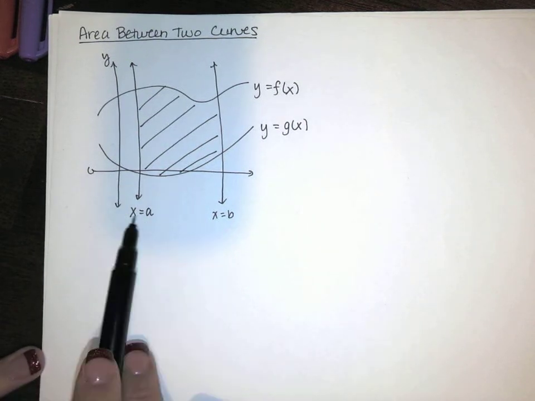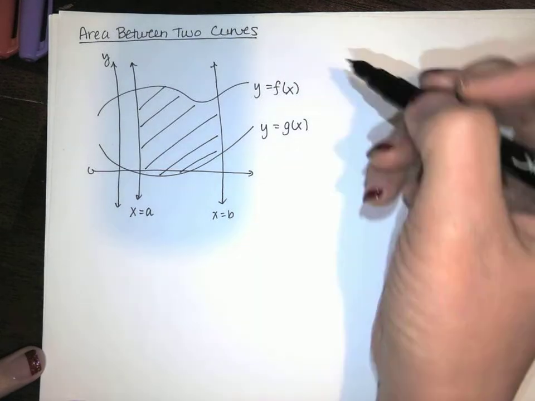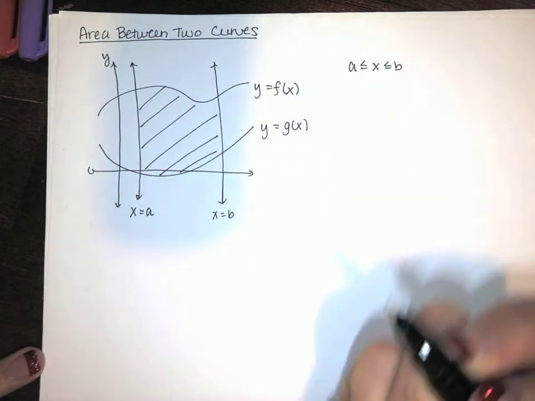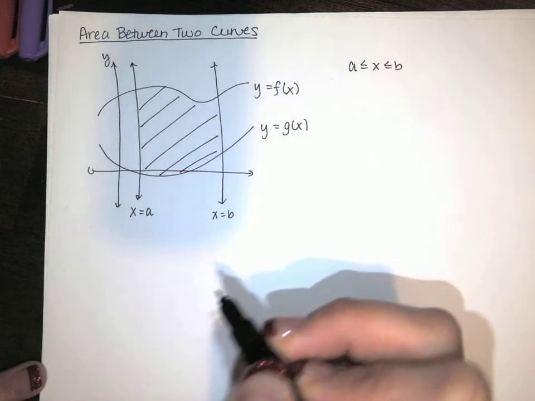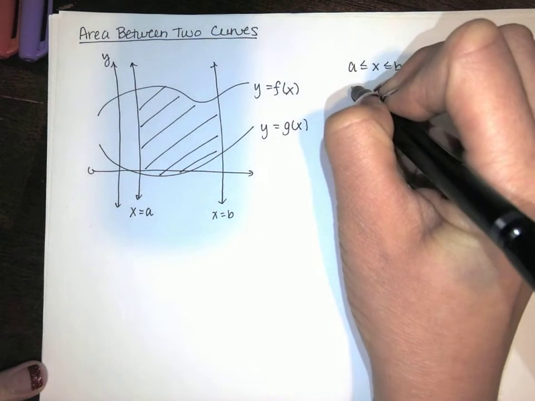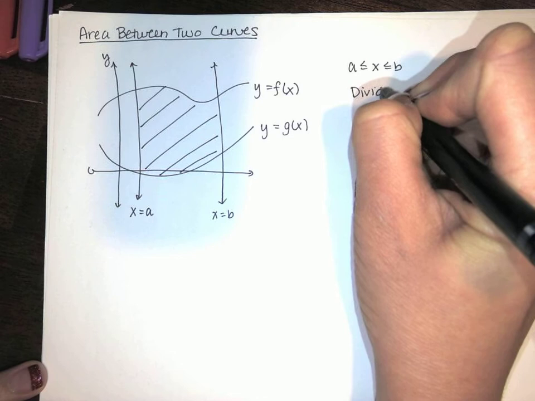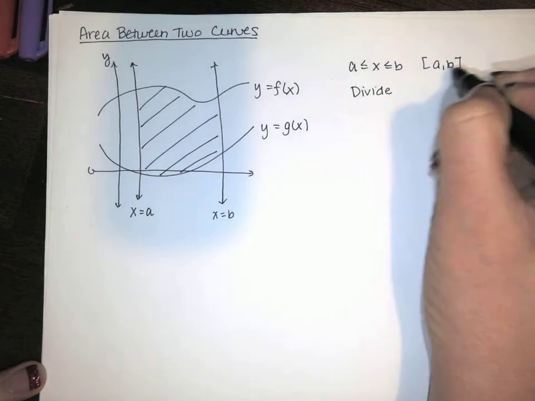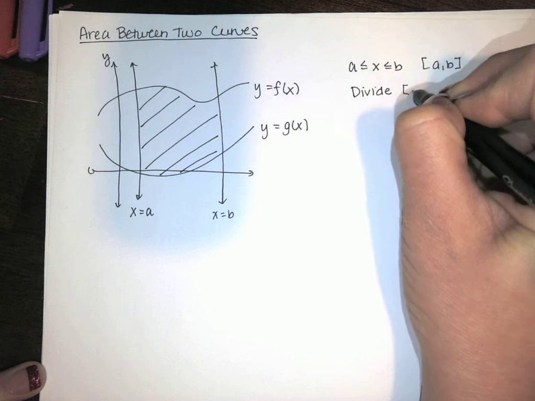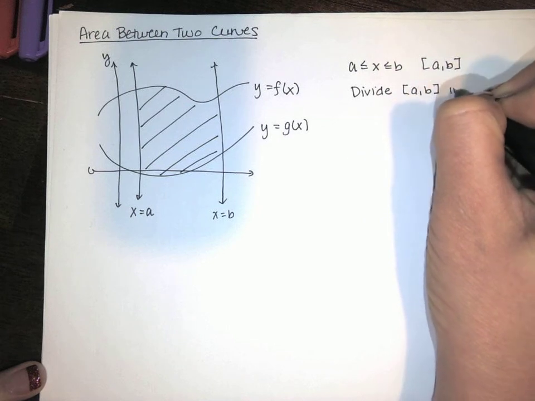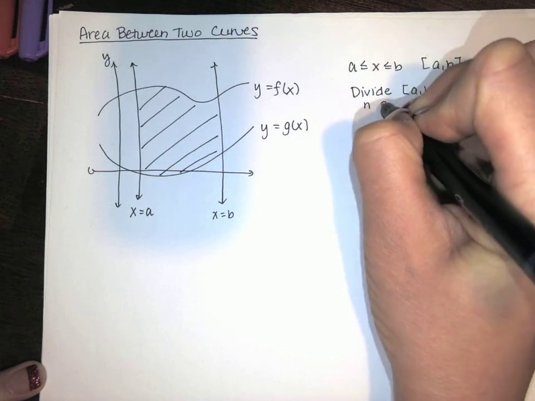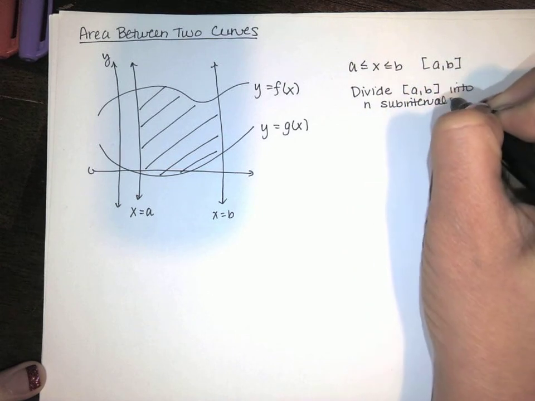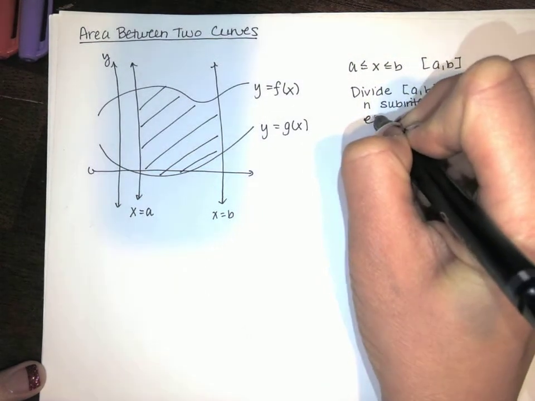We're going to take this interval where x ranges from a to b, and we're going to split it into n subintervals of equal width.